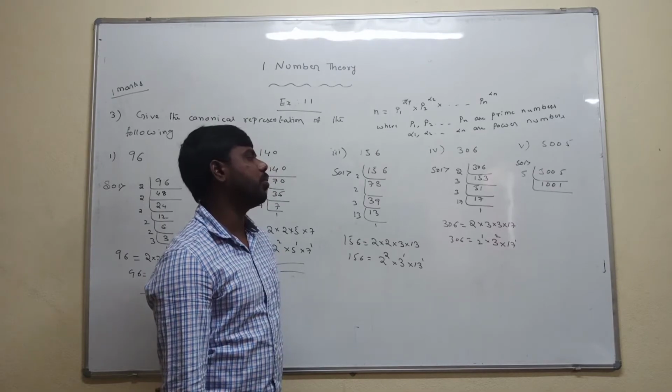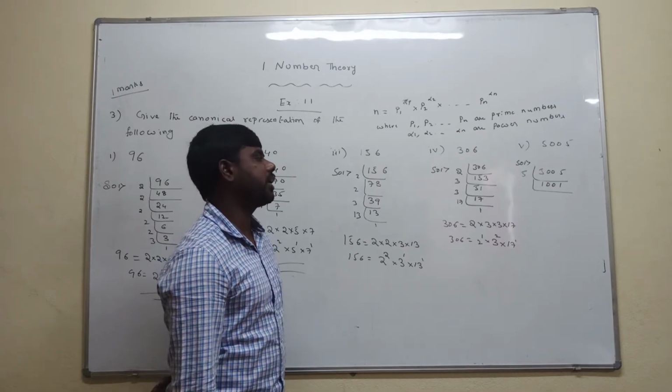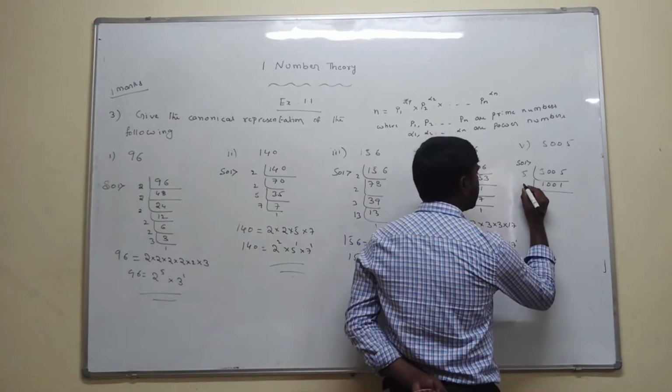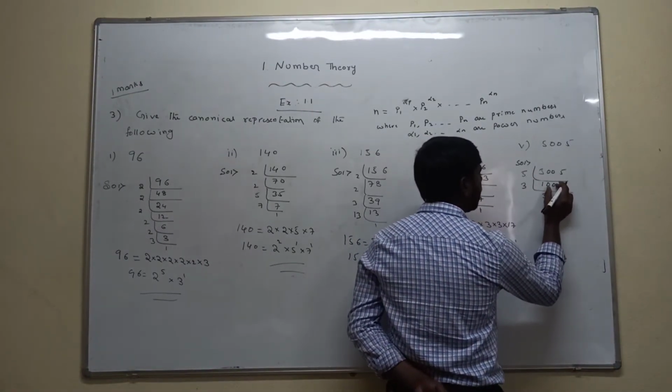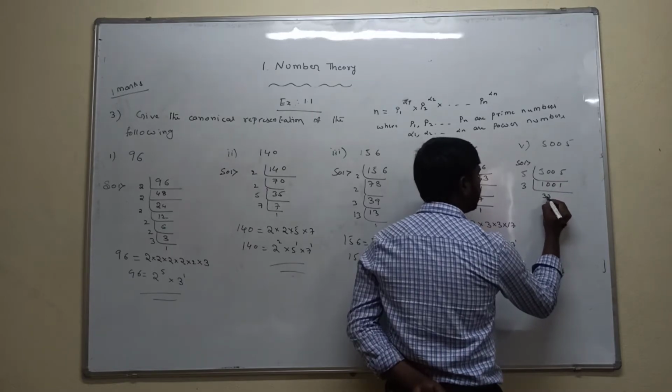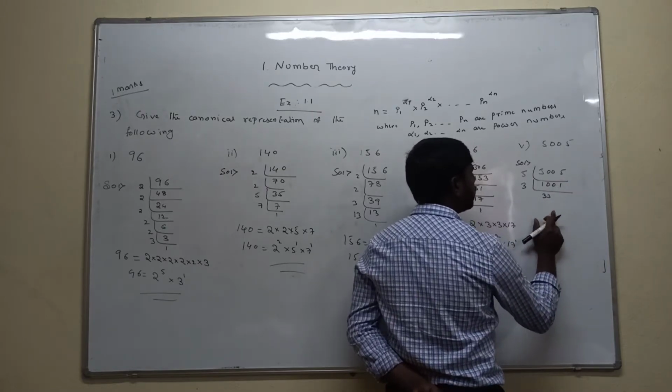1001 is not divisible by 5. That's why I am taking 3. 3 threes are 9, you get 10 left. 3 threes are 9, so 11. 11 is also not divisible by 3.